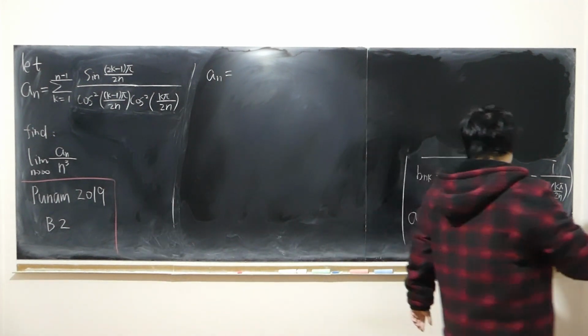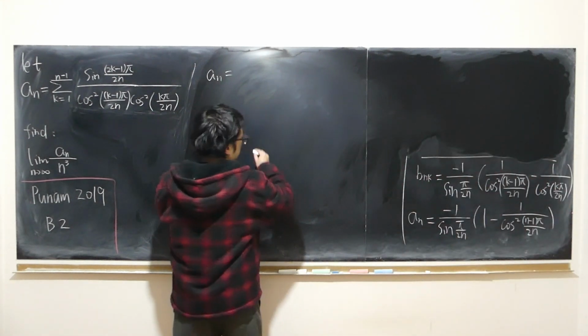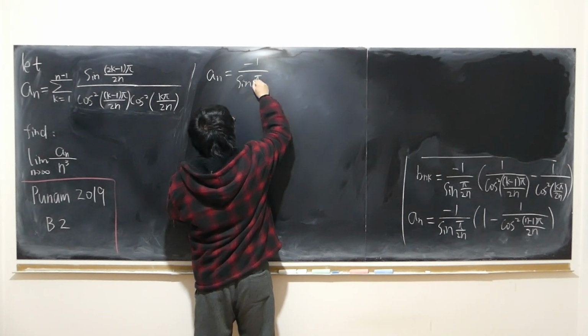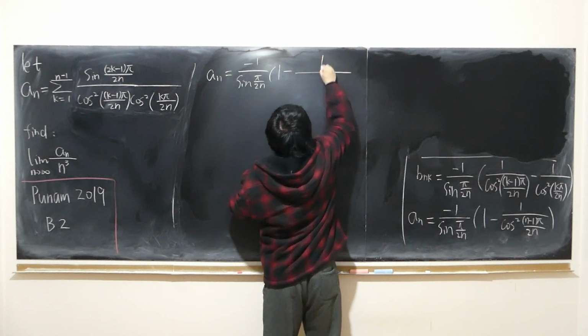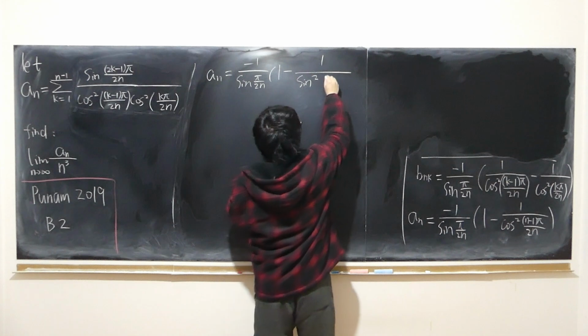Right, so half pi minus this angle, and this n minus 1 times pi over 2n, half pi already cancelled out with the half pi, minus minus plus pi over 2n, right, so negative 1 sine pi over 2n multiplied by 1 minus 1 over n becomes sine square pi over 2n.